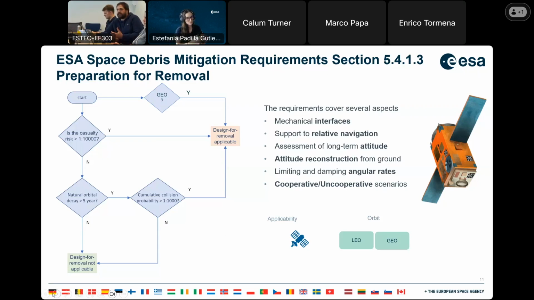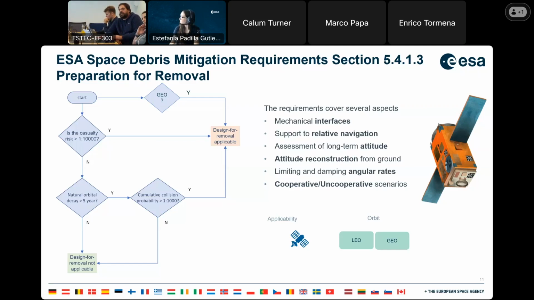The several aspects that are covered by the requirement are for sure the ones related to the different functions I was mentioning before, that are for sure the mechanical interfaces to support the capture, the support to the relative navigation, that is another very important part of this activity, and all the maneuvers required for capturing a satellite.